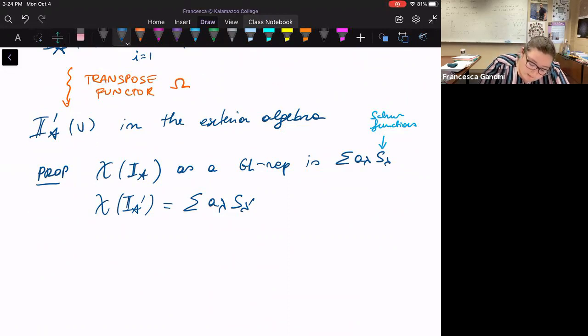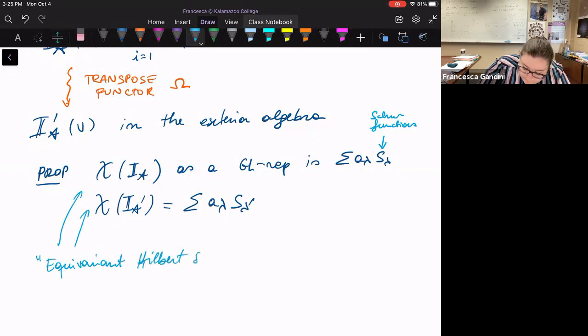So let me maybe write this as a name. I call this the equivariant Hilbert series of these polynomial functors.